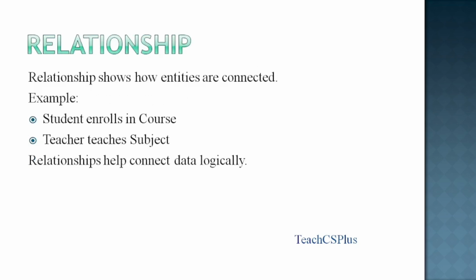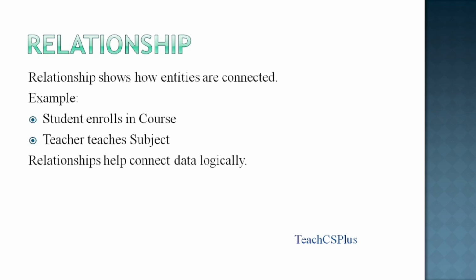Then what about relationship? Relationship shows how entities are connected. That means it will show how the employees are connected with the employee database or with the department. Example, student enrolls in a course, teacher teaches subject. These are the examples.